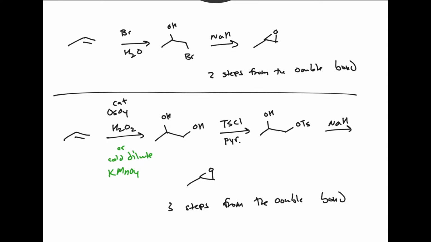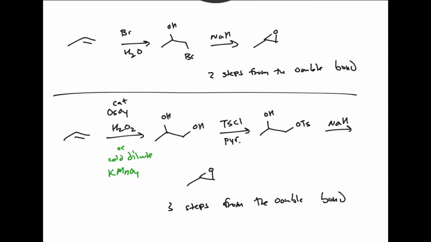So your yields go down as you do more steps. Even if you have a really high yield for a step, like, hey, I got 90%, 90%, and 90% over my 3 steps, great. Now you only have 72% of your product, even though you got 90 for each step.